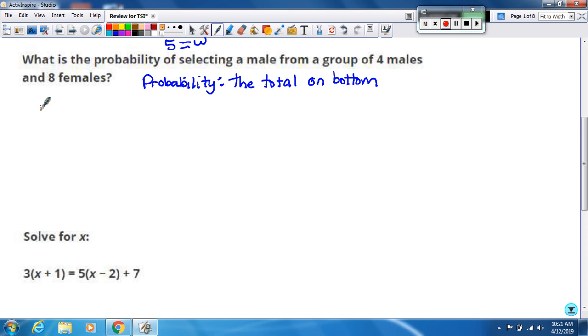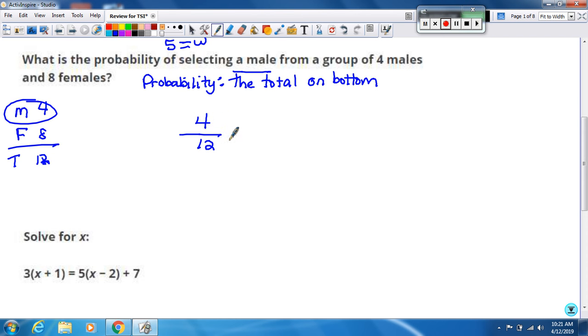Okay, so you've got 4 males and you have 8 females. Oops, sorry, I put that in the wrong spot. So the total is 12. So that's going to go in the denominator. And then since you're talking about males, you're going to do 4 in the numerator.